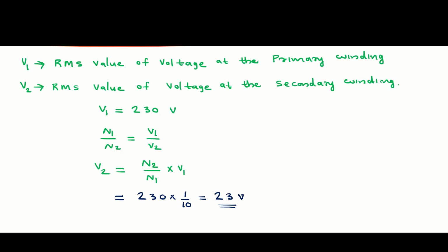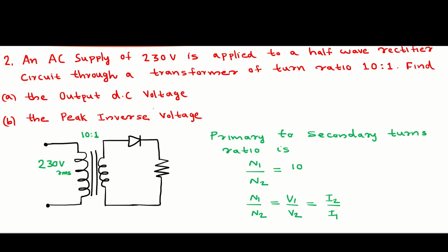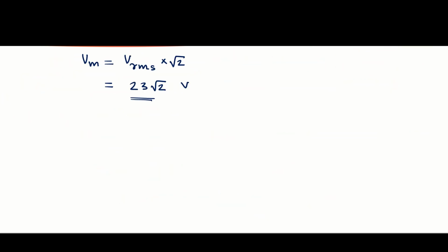Okay, so in the question we have to find out the output DC voltage. The output DC voltage VDC is equal to IDC into RL.